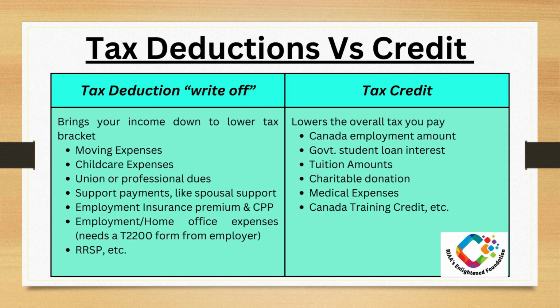On the other hand, tax credits directly reduce the overall tax you pay. Some examples are Canada employment amount, government student loan interest, tuition amounts, charitable donation, medical expenses, Canada training credit, and others.